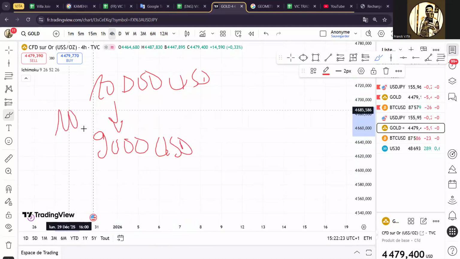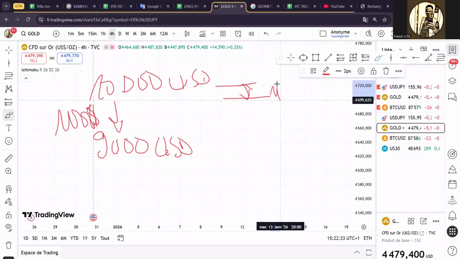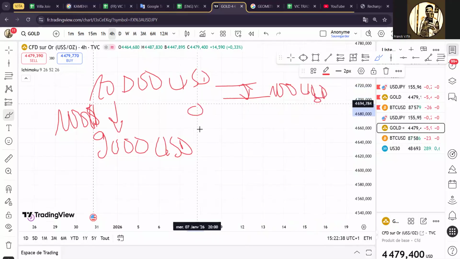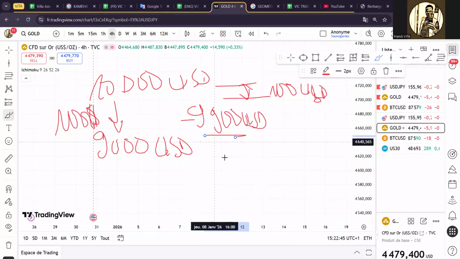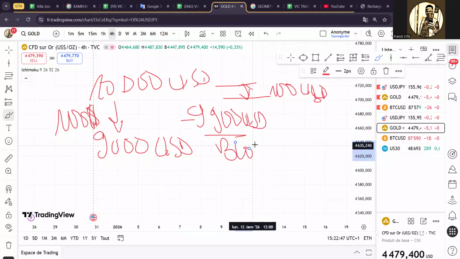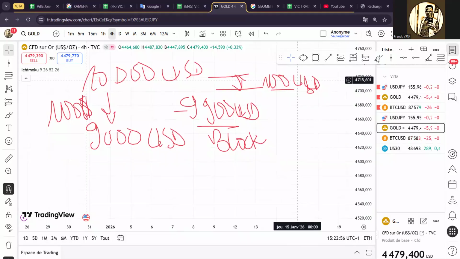So I only have $1,000 margin. So what I told myself is that I will only take $100 and trade with it. So I really blocked $9,900, untouchable. If I don't grow this $100, then I literally stop trading.